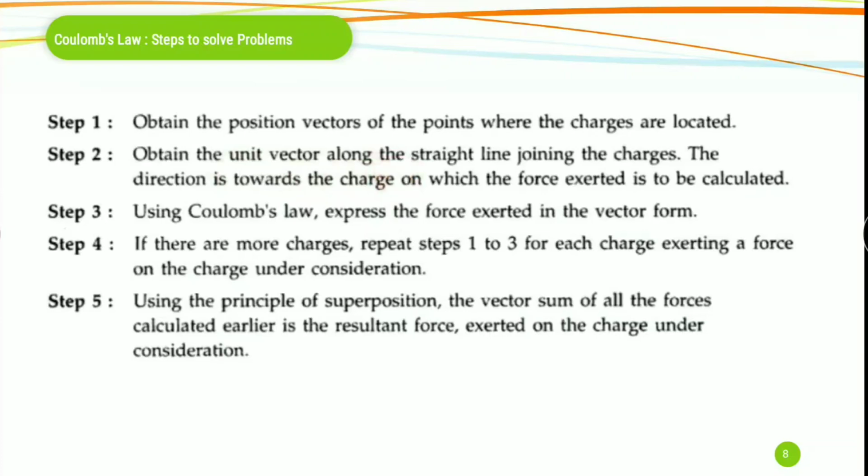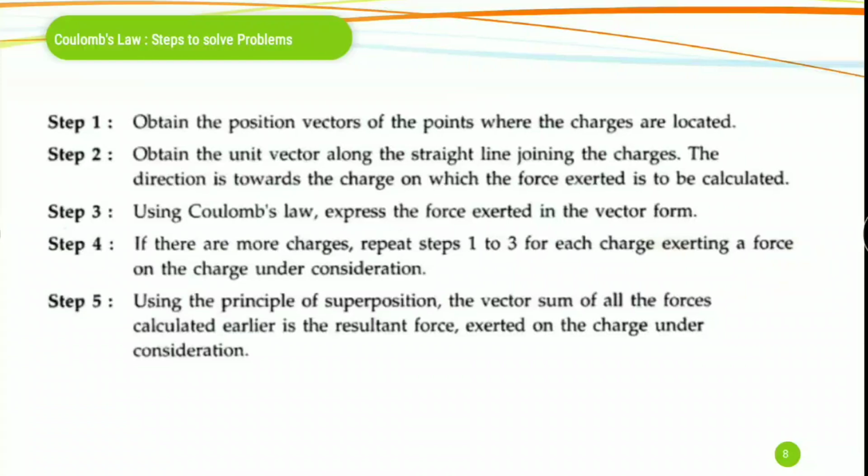Now by using Coulomb's law, by using the expression of force in vector form, by substituting this formula, we get the force value. For example, if there are more charges, you have to find the individual force values. The same steps, step 1, step 2, step 3, you find the individual forces, by repeating these steps 1, 2, 3 for each charge exerting a force on the charge under consideration.